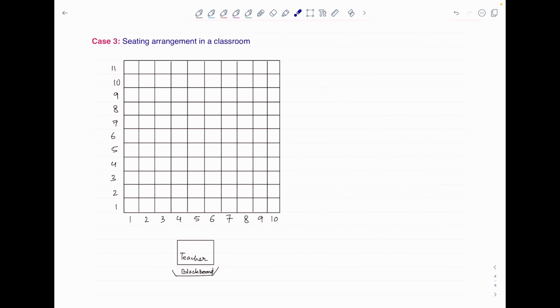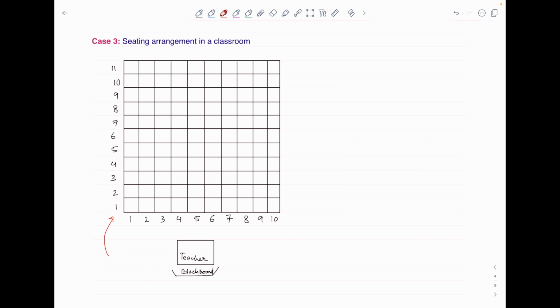Okay, the third example is sitting arrangement in a classroom. Your friend Rohan is there. Madam said, this is the blackboard. Here the teacher is sitting. Teacher said, from this end you enter.